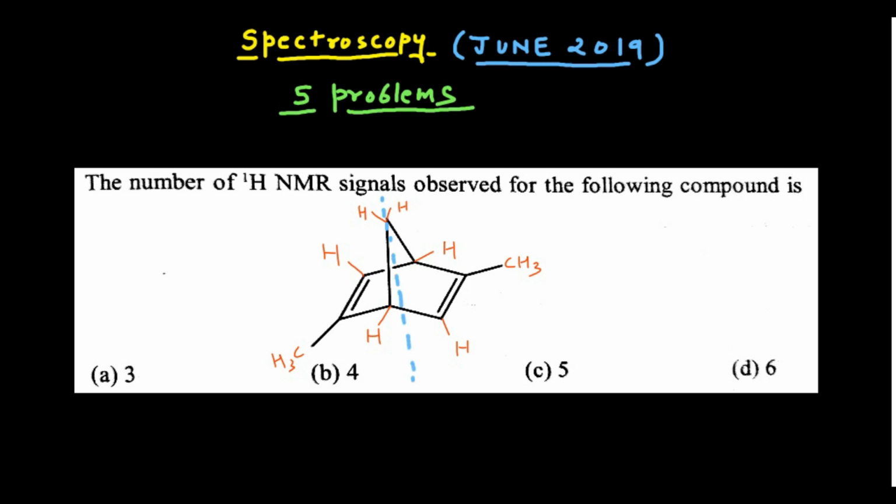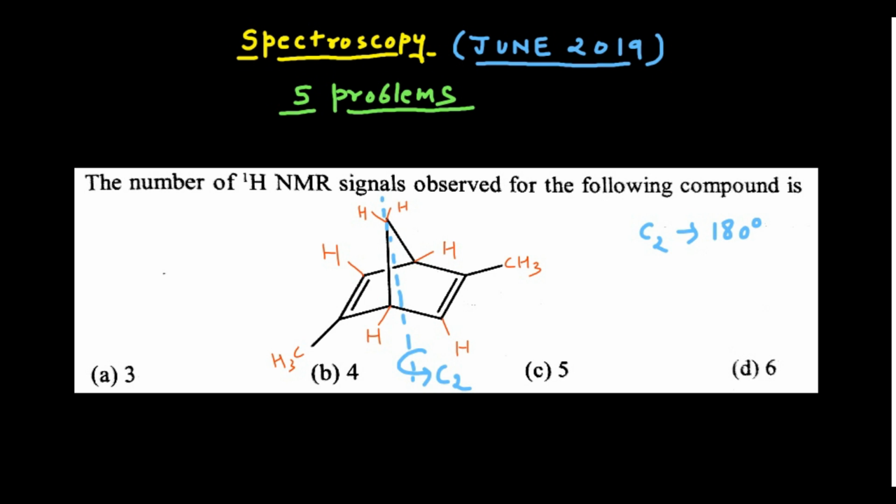Here, this is my C2 axis, and you know what is the meaning of the C2 axis. If I say C2 axis is there, that means if I rotate the molecule through this molecular axis by 180 degree, then I will have another picture of the molecule which would be exactly identical to the previous one.